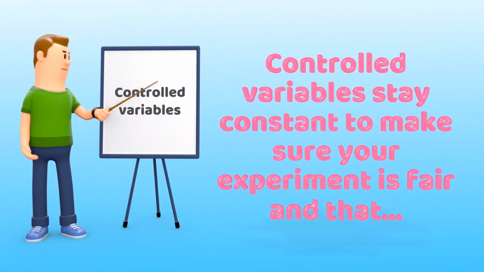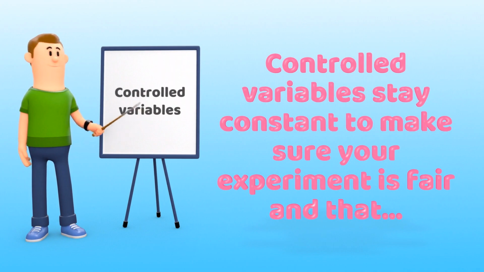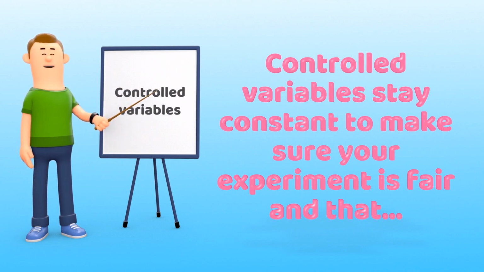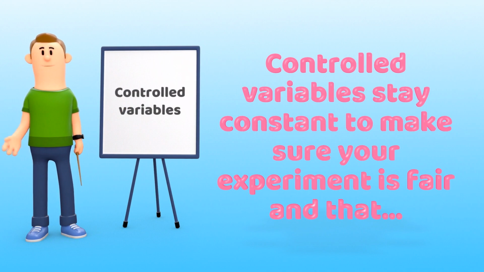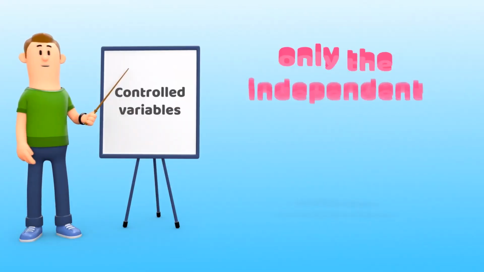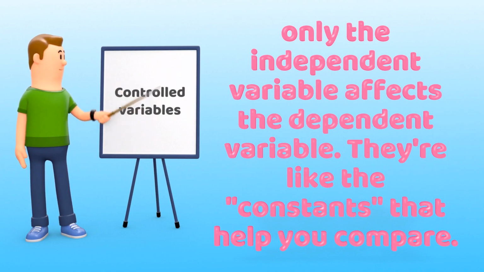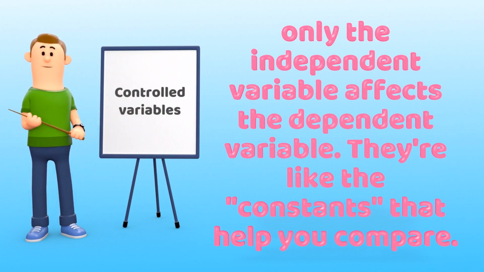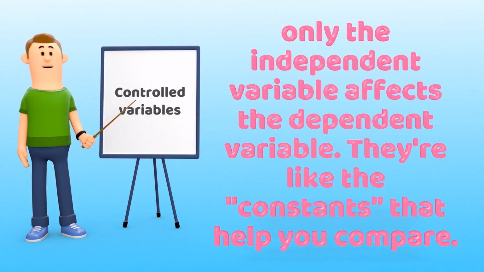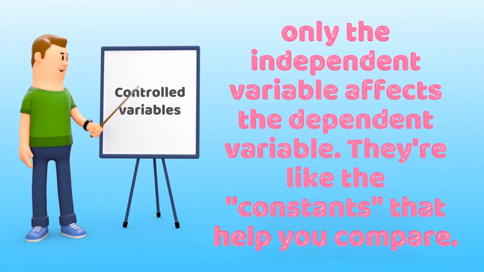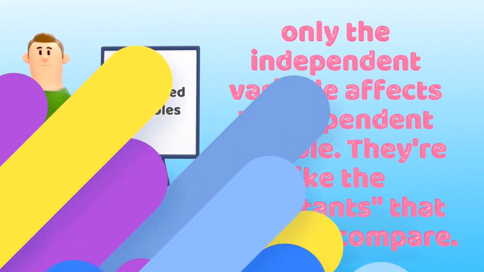Therefore, controlled variables always stay constant to make sure your experiment is fair, and that only the independent variables will affect the dependent variable. They are like the constants that help you compare two things.